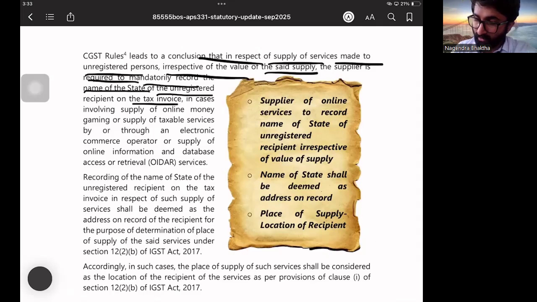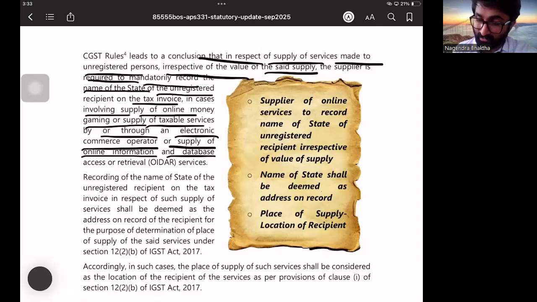Whenever I am a registered supplier giving services to you, an unregistered person, I am required to indicate it in the invoice. This applies in cases involving supply of online money gaming services through an electronic commerce operator or supply of online information and database access or retrieval services. If I am giving you online money gaming service or OIDR service, when I am giving you the invoice, I have to mention the name of the state in the invoice.